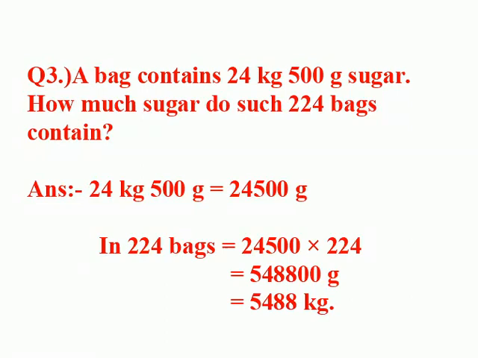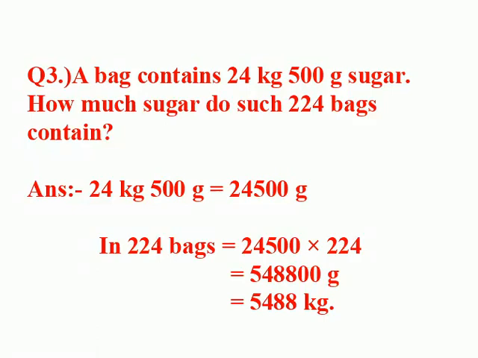Therefore, the sugar in 224 bags is equal to 24,500 multiply 224. Here you need not multiply 24,500 and 224. You only multiply 245 and 224, and whatever the result comes, you have to write 00 after that.